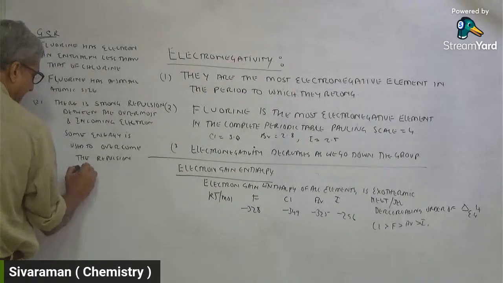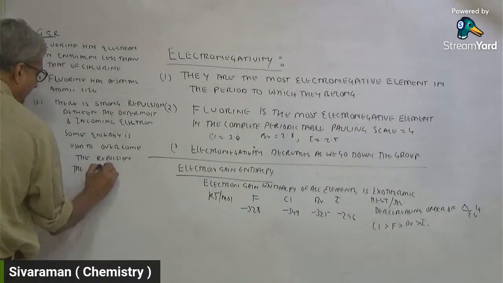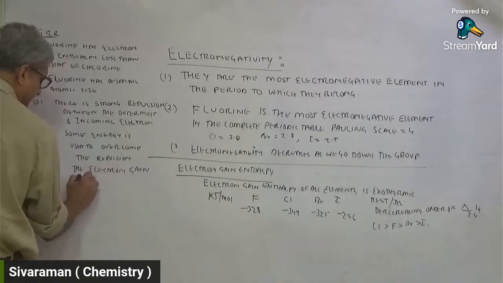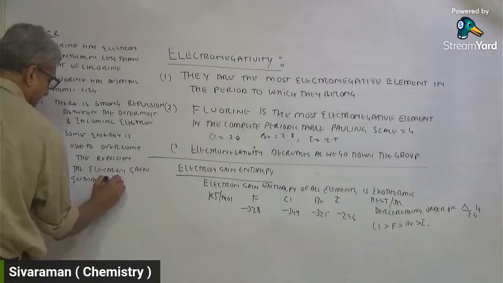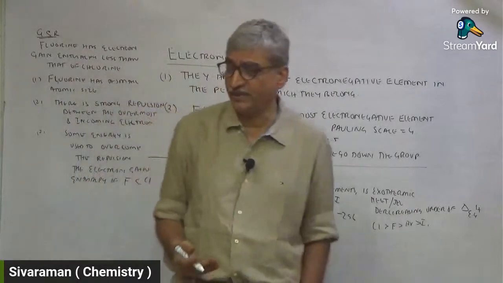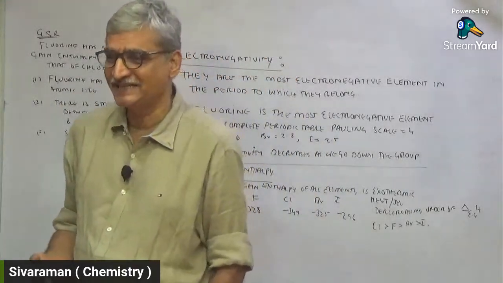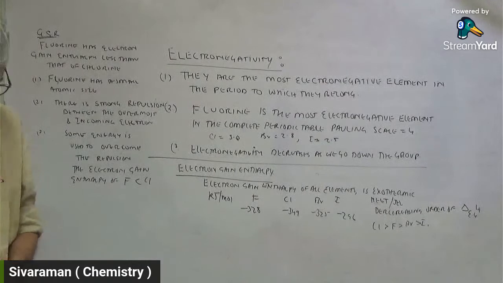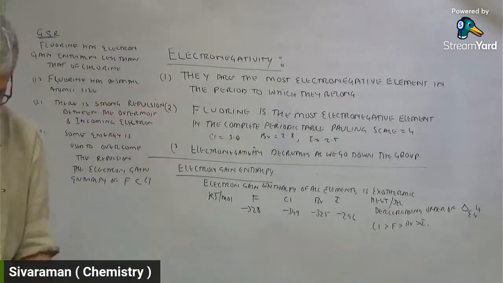The electron gain enthalpy of fluorine is less than that of chlorine. This is not true for chlorine, because when the atomic size increases, automatically the repulsion between the outer electron and the incoming electron decreases, so there is not much energy used to stabilize the anion. So this is a very important point. Please take down.